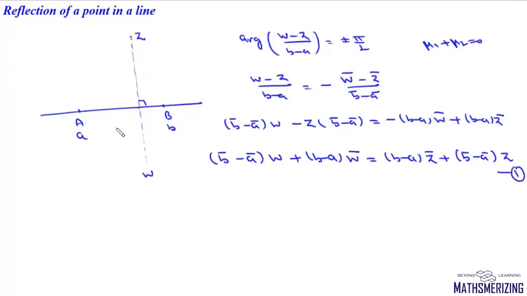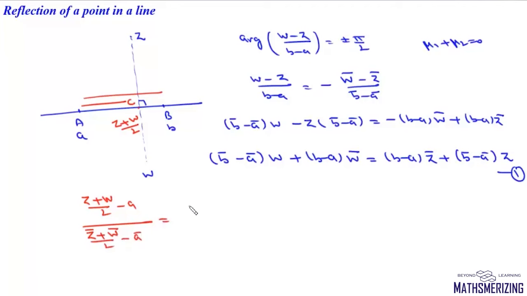Now this midpoint is (Z plus W) by 2. Let this point be C. Now since A, B, C are collinear, the complex slope of AC must be equal to the complex slope of AB. So we can write (Z plus W upon 2 minus A) upon (Z bar plus W bar upon 2 minus A bar) equals (B minus A) upon (B bar minus A bar).